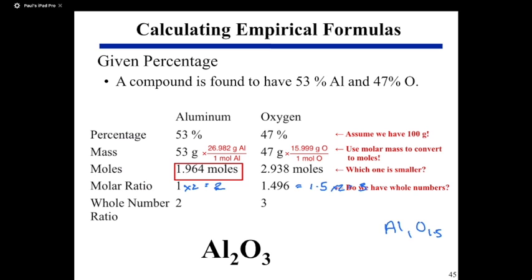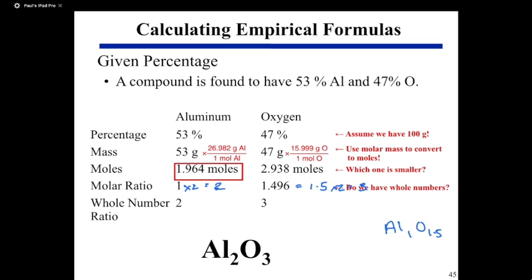So I get aluminum what? What is that compound name? Aluminum oxide. Oxygen becomes -2. Aluminum becomes +3, right?